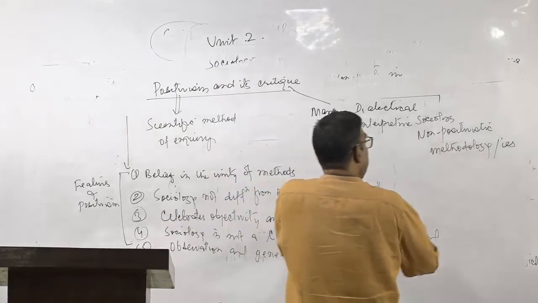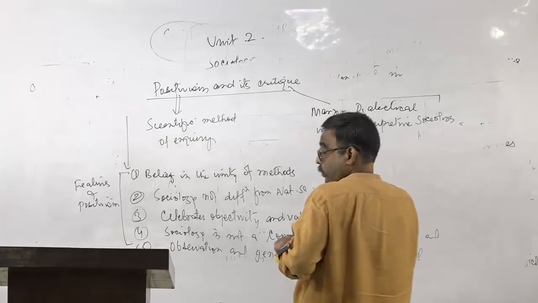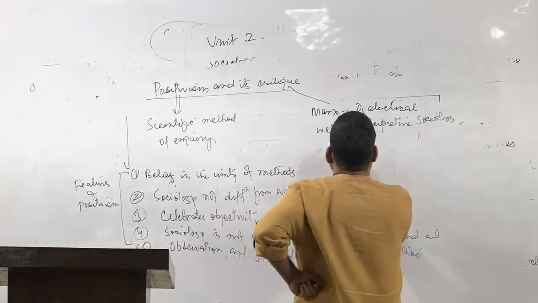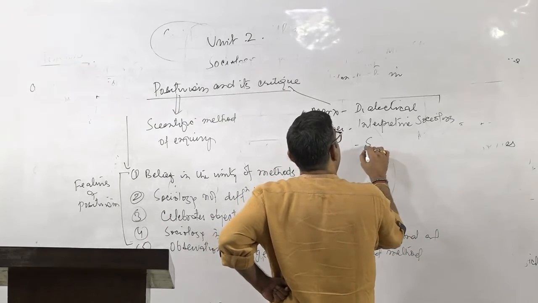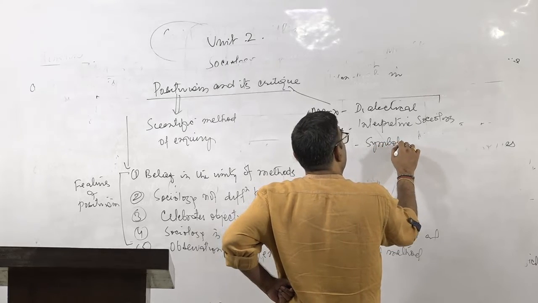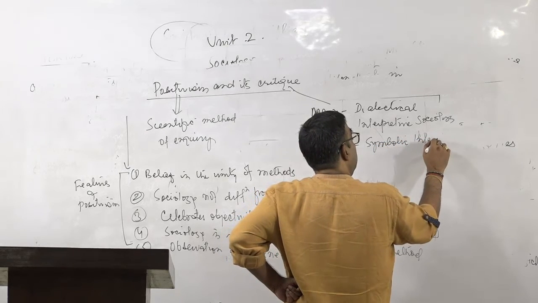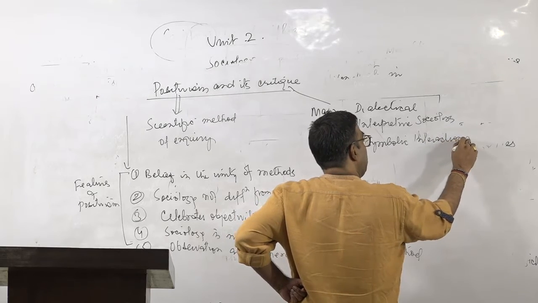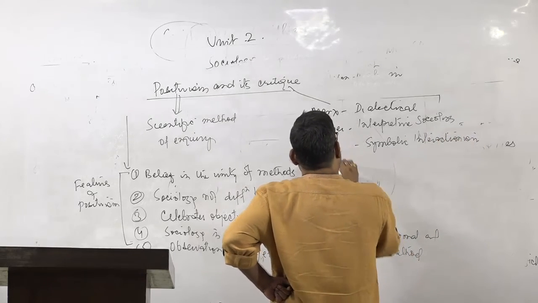They all will be the non-positivist methods as well here. Symbolic interactionism. Passing reference, one or two.